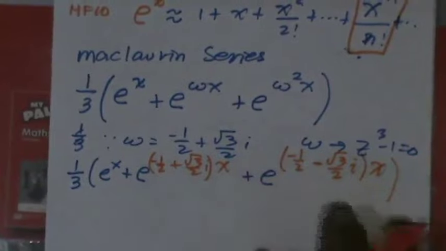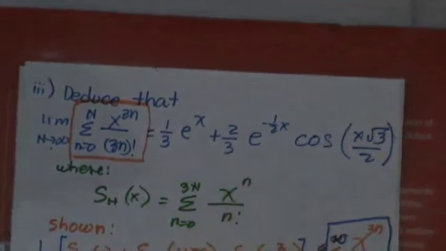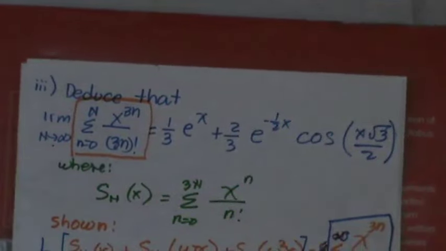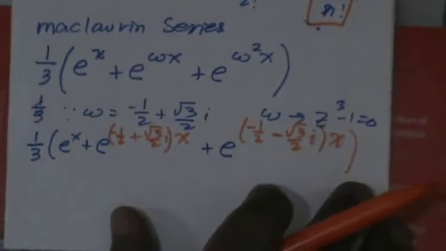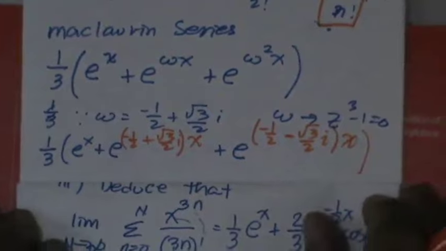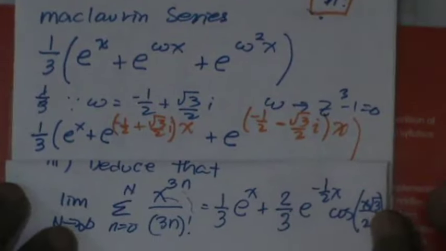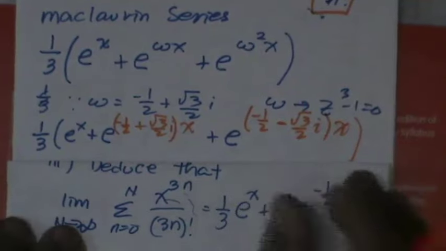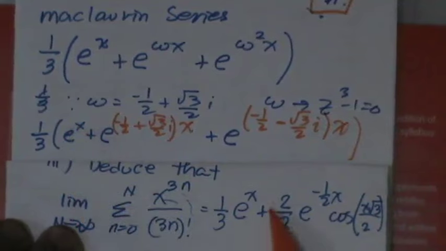And what are we trying to prove? We're trying to prove that this portion is equal to that. There you go, it's almost there. See, 1/3 is there, e to the x is there.